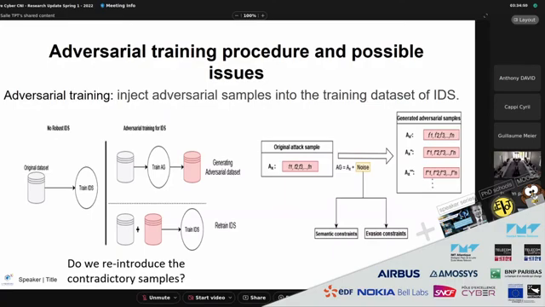So when we want to generate a valid sample, or an impactful sample, we need to know, or learn, the features that we can't change.